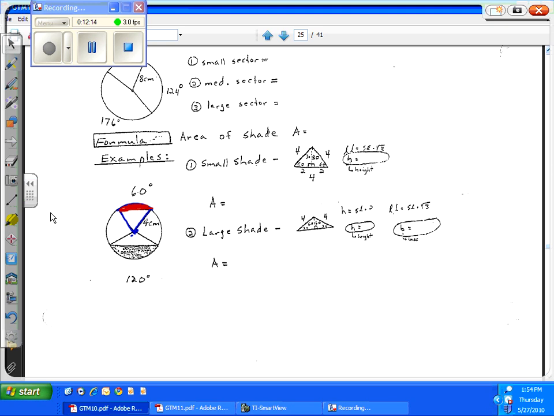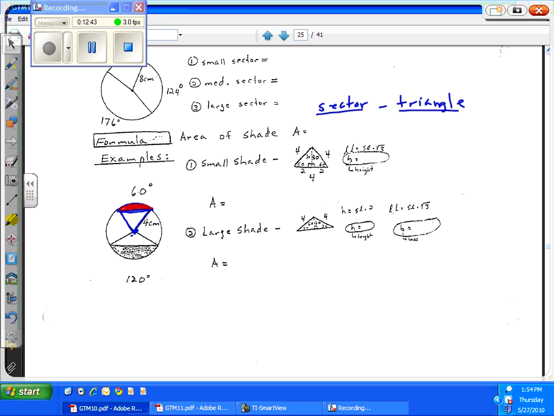All right, area of the shaded region. Now, that shaded region is that whole blue sector minus the triangle. So if we want that red shade, then we would have to take the area of the sector minus the area of the triangle.